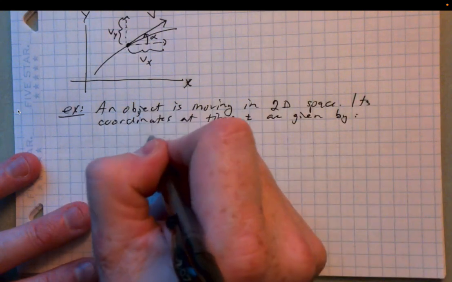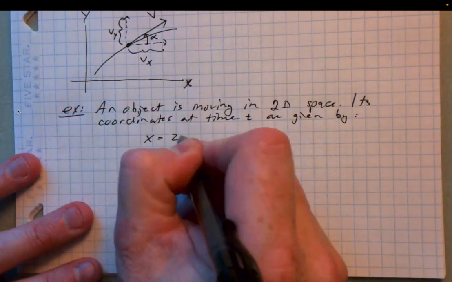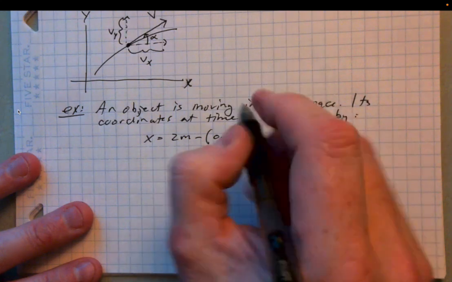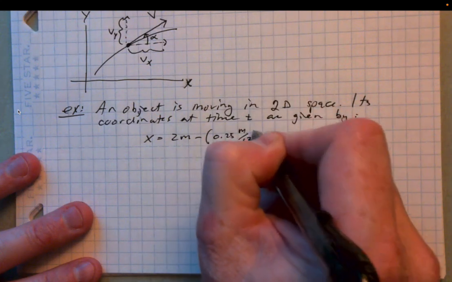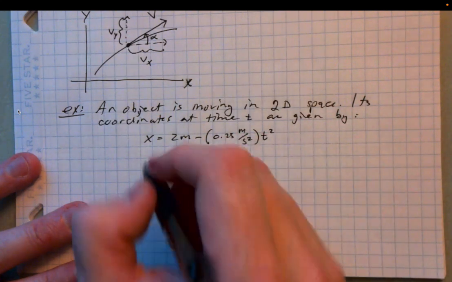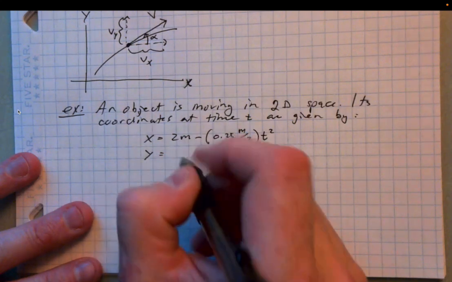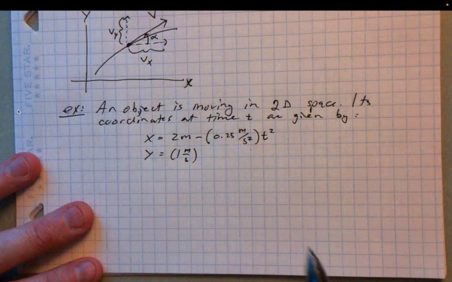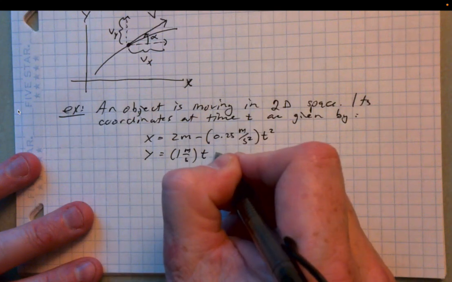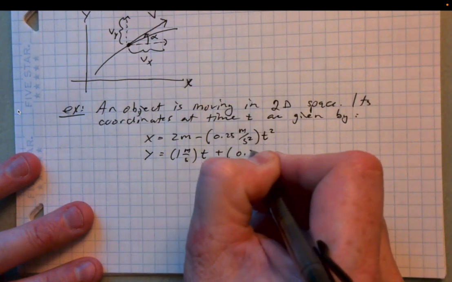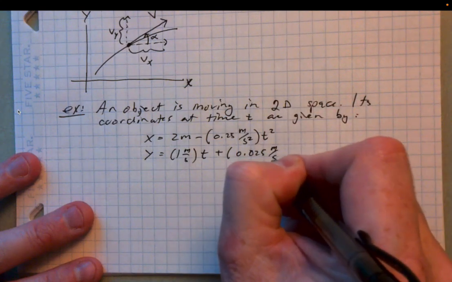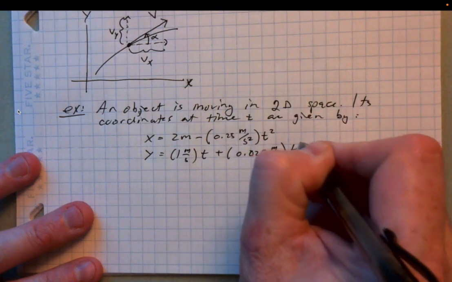so we've got an x coordinate that's equal to 2 meters minus 0.25 meters per second squared times t squared, and its y component is equal to 1 meter per second times t plus 0.025 meters per second cubed times t cubed.